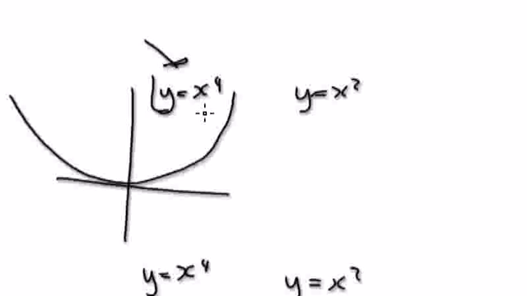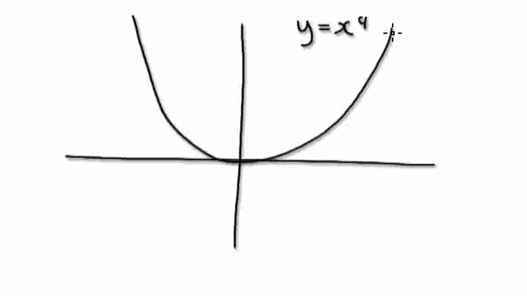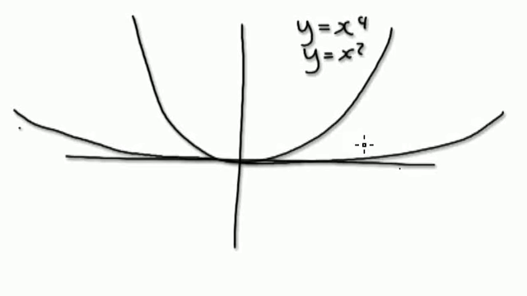But on this scale, my point here is that if you try and draw this line here, let's clear this. If you try and draw y equals x to the power 4, it will look like a U shape, just like x squared. But if you superimpose x squared on here, it will look something like this. It's still a U shape, but it's just a lot shallower.